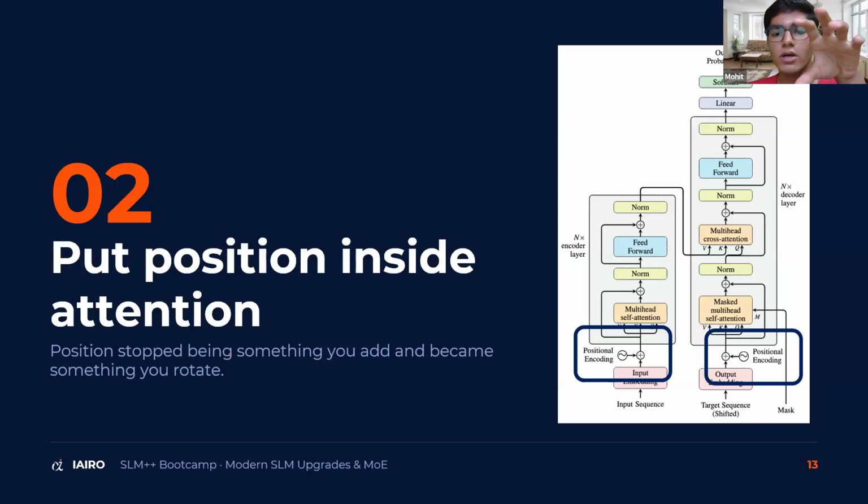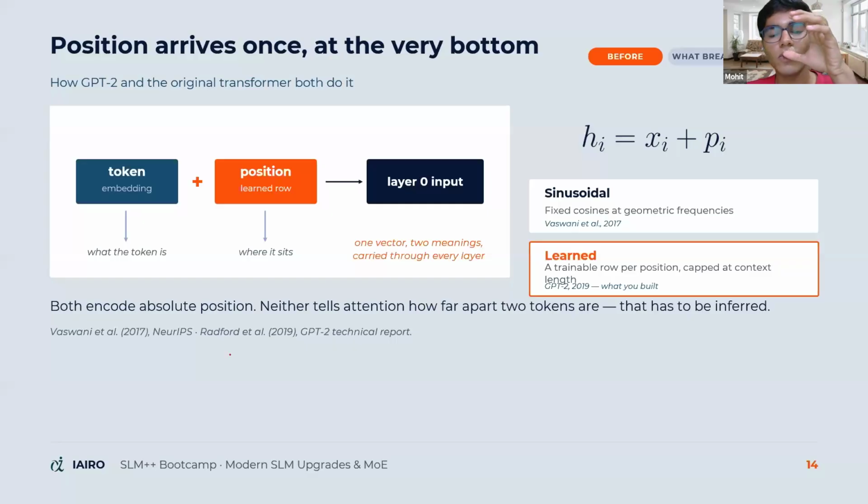What was existing over here was a very naive and rudimentary way, which we call learned embeddings or sinusoidal embeddings.